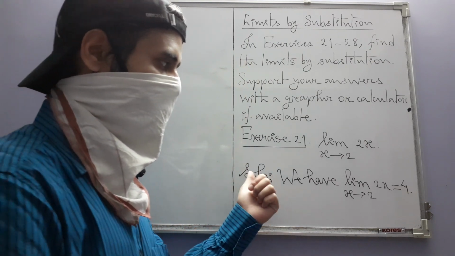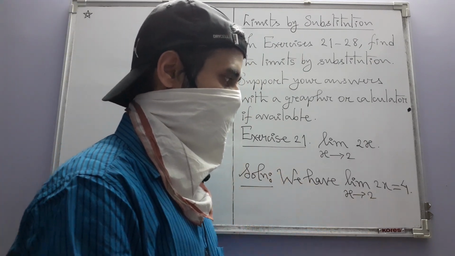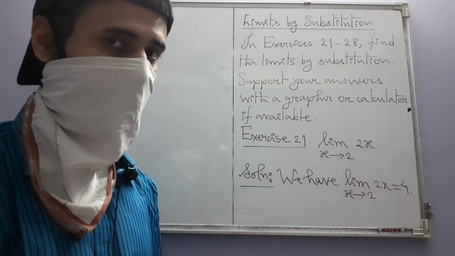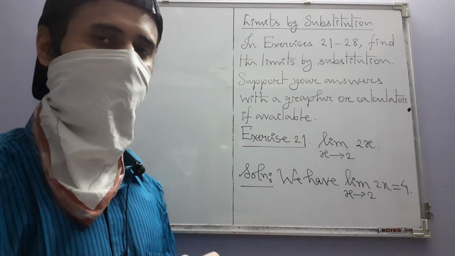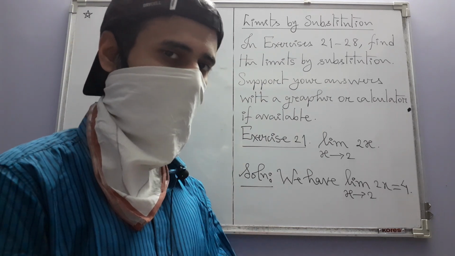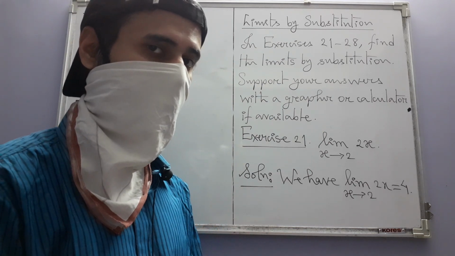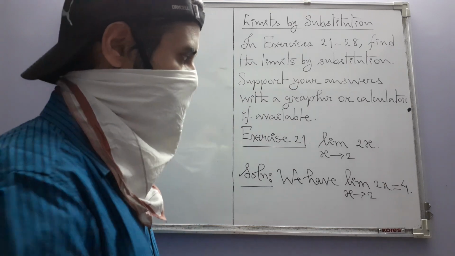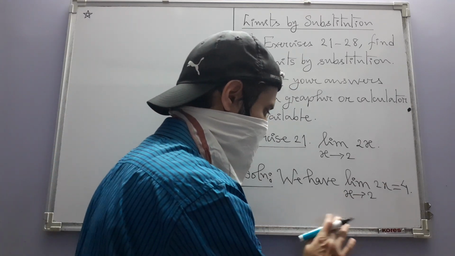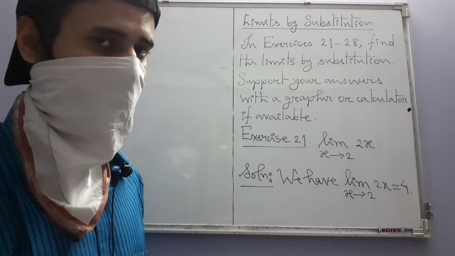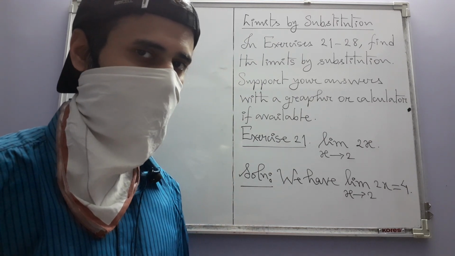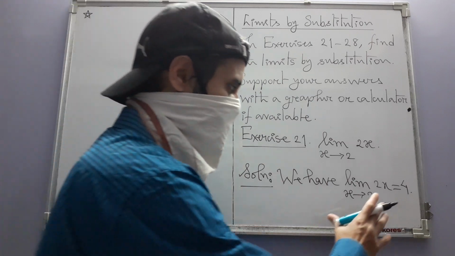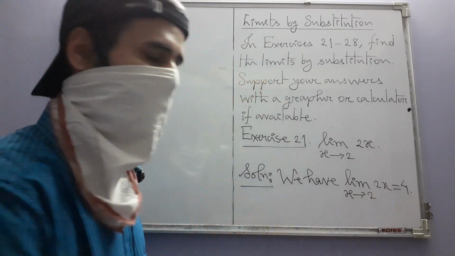So remember, I said that this happens only when the function is continuous. The fact is that most of the functions that we come across at this level in calculus are continuous. So this method of substituting the value and getting the limit works in most of the cases, and that in fact confuses us much more.